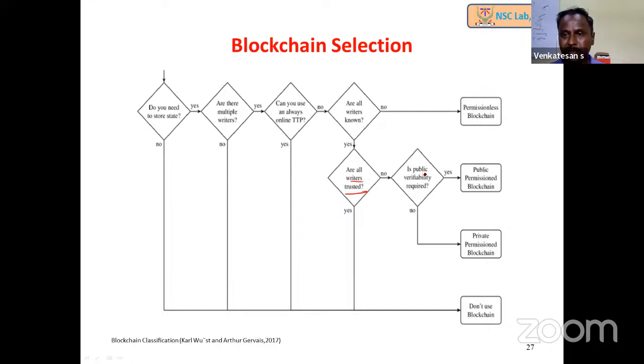If no, then take the next question, that is, is public verifiability required? Public verifiability is something like this: let's consider there are two operations, read operation and write operation. Write operation is the one going to update the database. Read operation is the one which is going to validate the transaction.